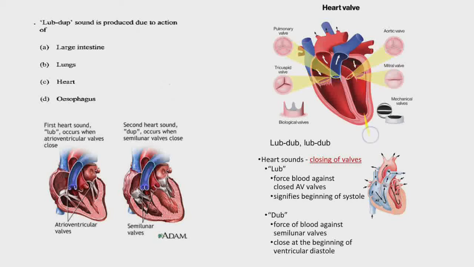So left side less work, bi is 2, tri is 3. This is just a trick to remember. The tricuspid valve is on the right side between the atrium and the ventricle. The mitral valve or bicuspid valve is present on the left side, between the atrium and the ventricle.